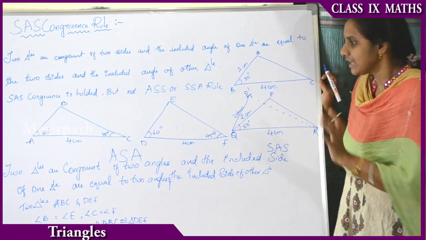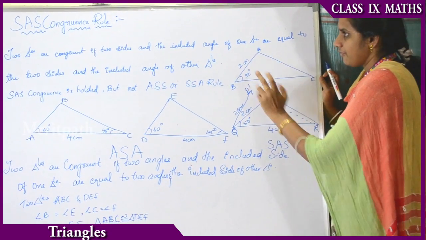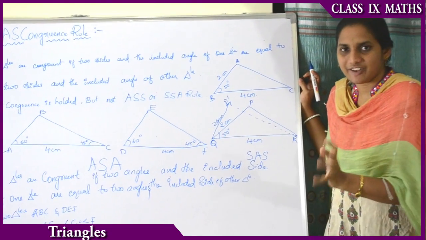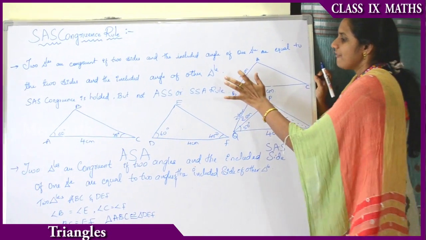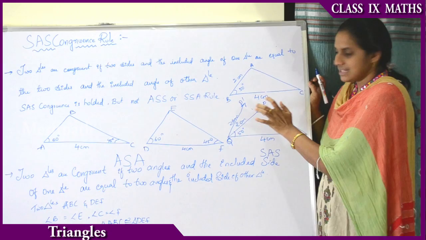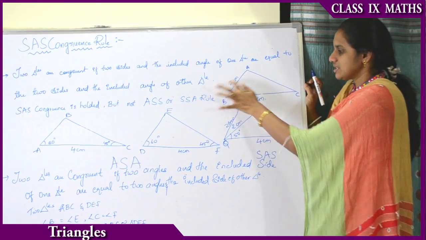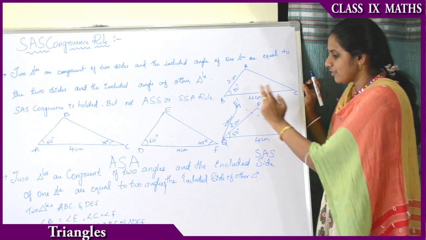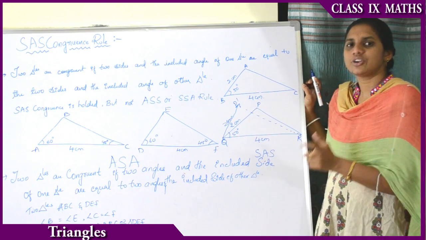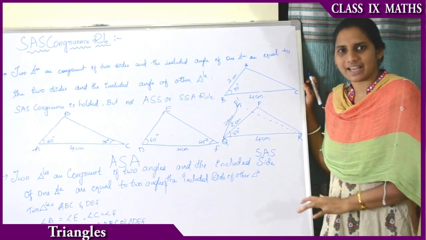I hope you are getting it. That is, the SAS rule defines the side angle side rule, right? That means two sides and one common angle between these two sides should be equal for two triangles in order to form the congruency of the triangles, right?